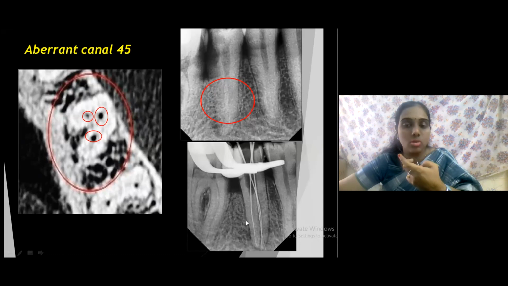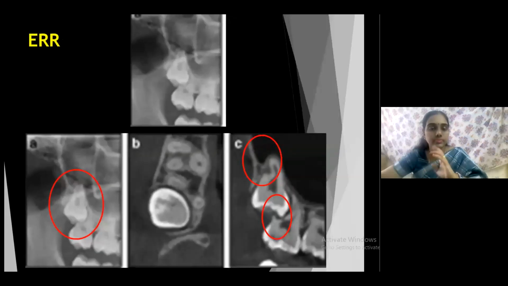And at the apex also, there are 3 canals with 3 different openings. I think you can easily make out in this radiograph that up to the middle third of the root there is a single canal, which divides into 3, and it has 3 openings at the apex. So this is also one more example of endodontic application.